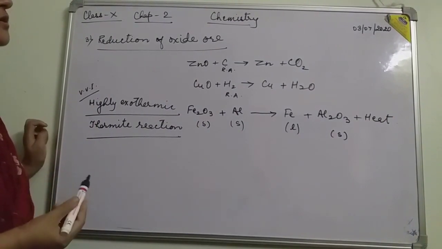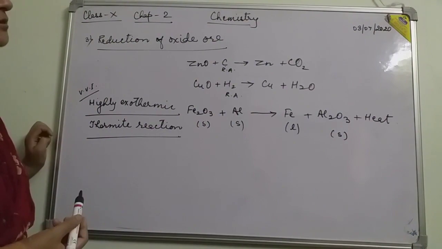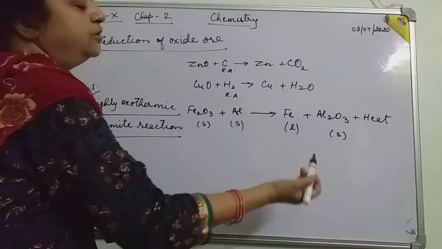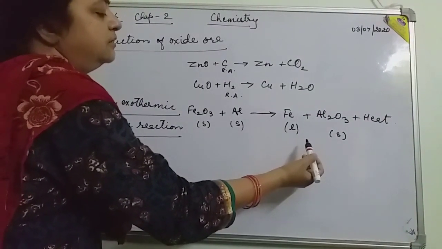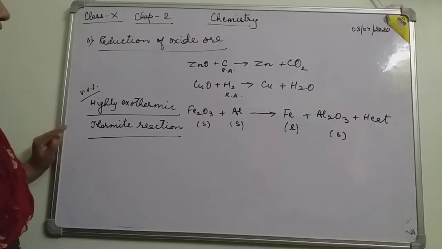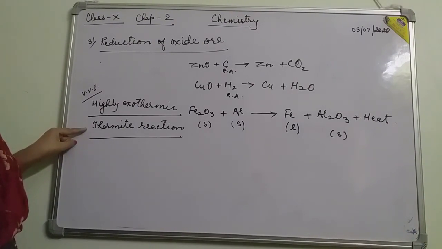The reaction between solid aluminium powder and iron oxide to produce iron in its liquid form due to the evolution of a large amount of heat. Therma means heat, it is related to heat. So this reaction is the thermite reaction.